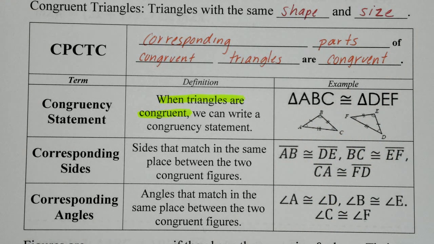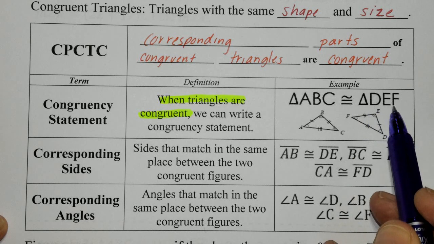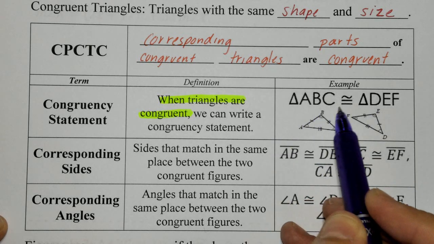Now, we have to match our parts here, okay? And what you're going to notice is when we name these triangles, this is very, very important. We have to name them in a particular order. The first triangle doesn't matter how we name it. It doesn't matter what order we put those letters in. But the second one, we have to match the letters with the corresponding parts of the first one.